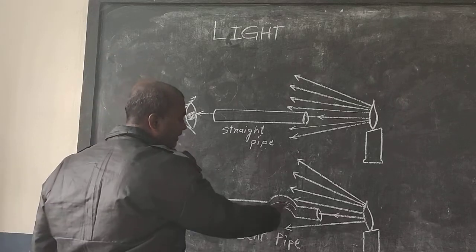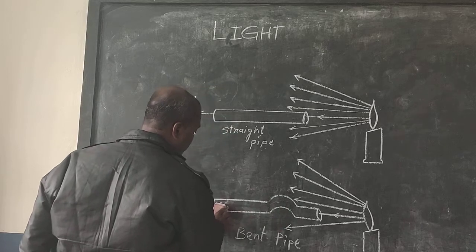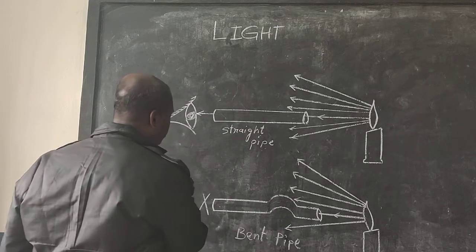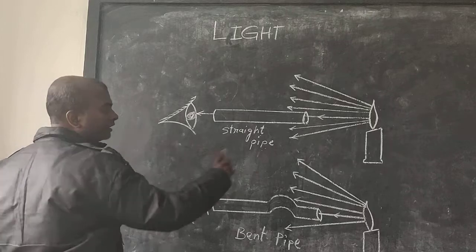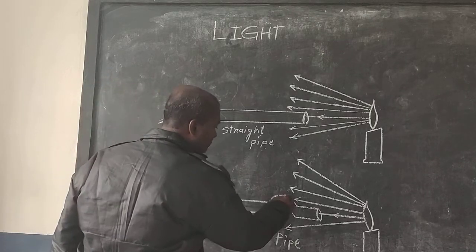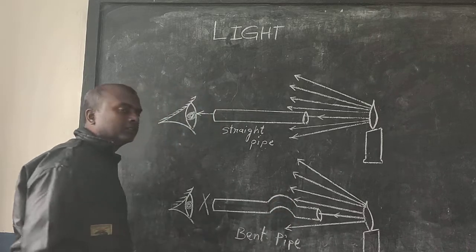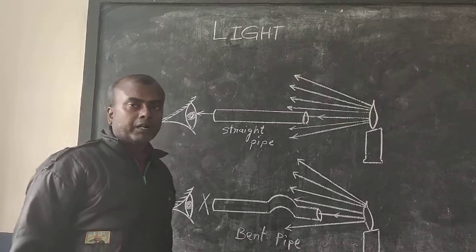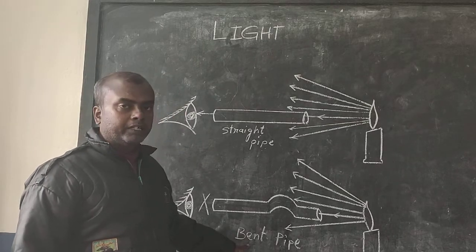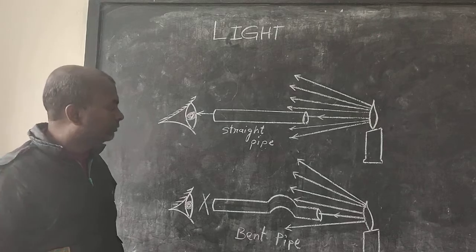So if there is a bend over here, light will no longer pass through this and the person will not be able to see the candle through this bent pipe. The pipe needs to be straight because light travels in a straight line path. Light doesn't travel in a bent path like how the pipe is bent over here. Light doesn't bend that way. Light goes in the straight path only.